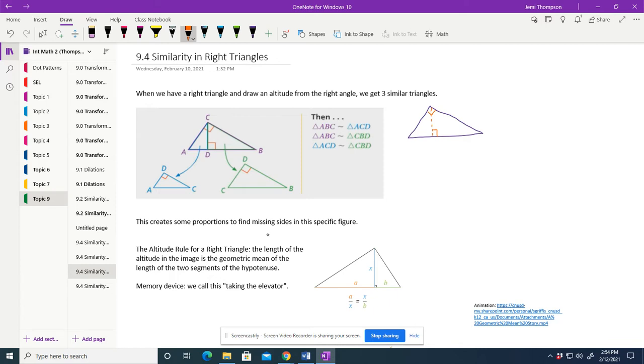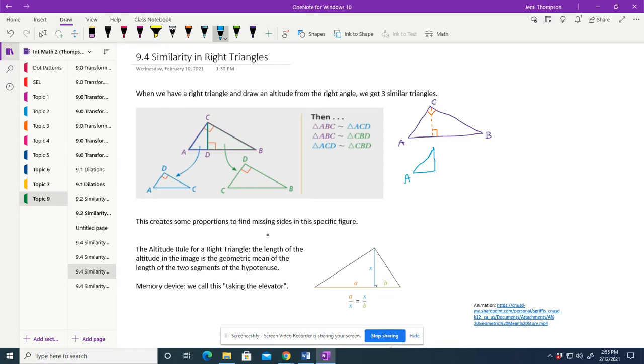So I have a right triangle, this purple triangle here, and I am calling this purple triangle ABC. And when I draw the altitude from the right angle straight down, it creates another right angle to the hypotenuse. And from there, what I've done is I've created two right triangles inside the existing right triangle.